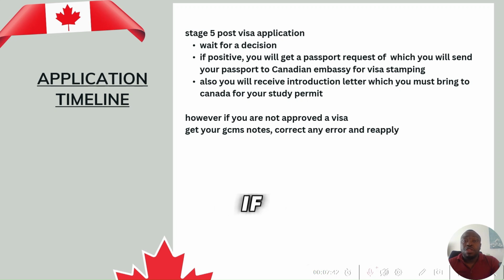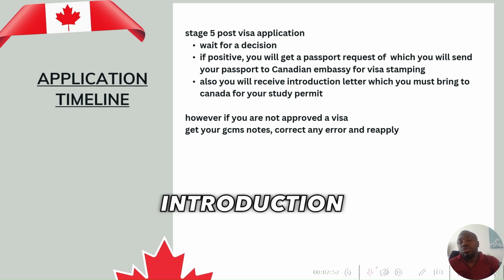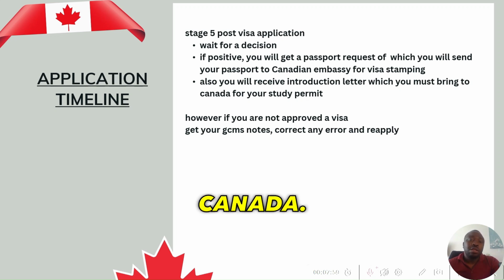Now, if you receive a positive decision, you will get a passport request, and you will send your passport to the Canadian Embassy through VFS or the Visa Application Center. You will also receive the introduction letter, which you must bring to Canada, and at the point of entry, your study permit will be issued to you.